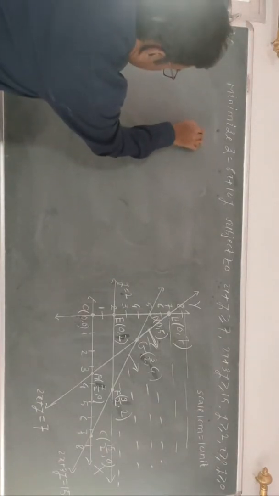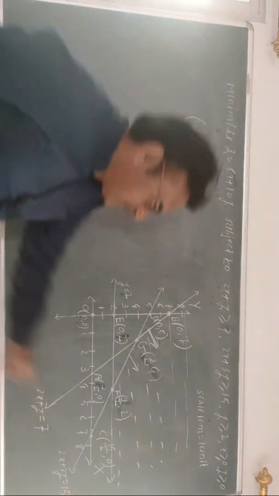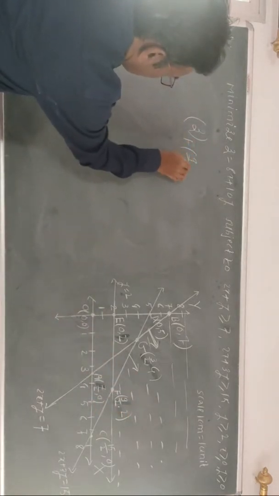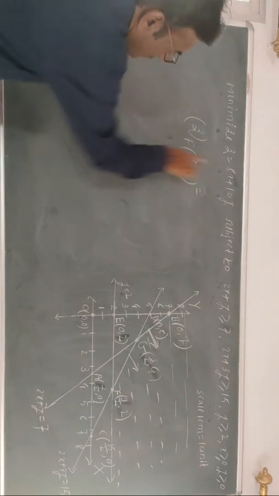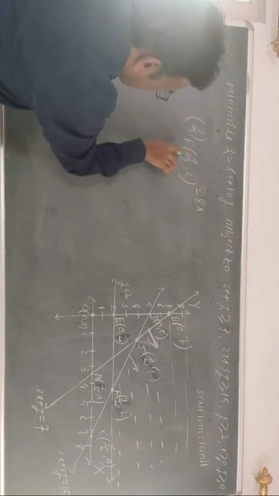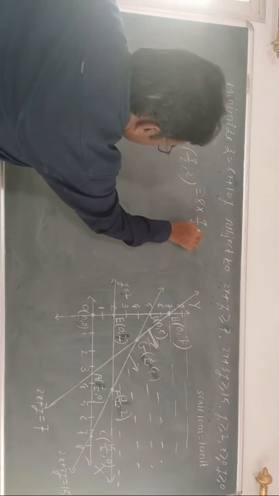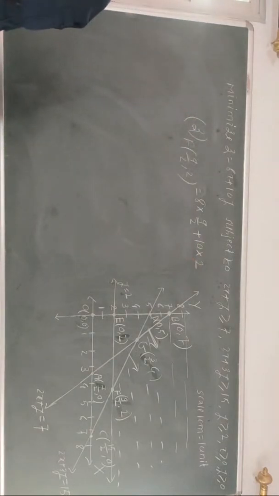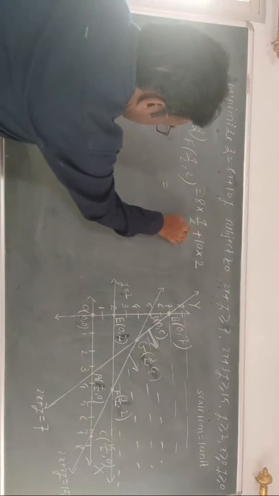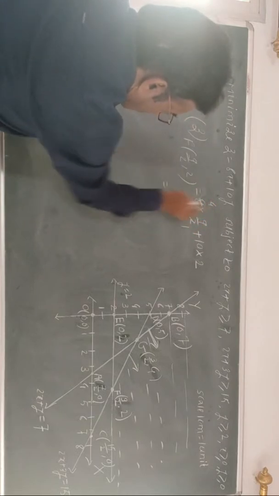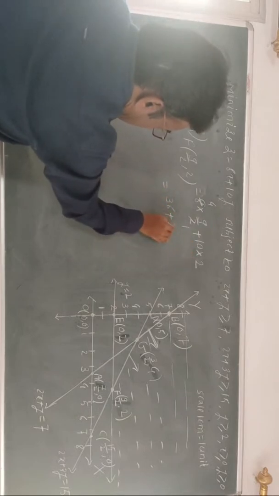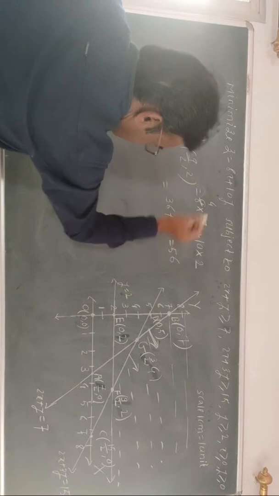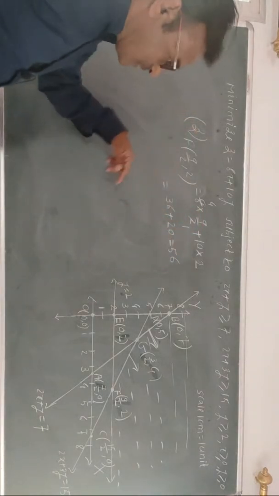First we find Z at F (9 by 2, 2), which is 8 into the x coordinate 9 by 2 plus 10 into the y coordinate 2. That is 36 plus 20, which is 56. And this is the value of the objective function at the point F.